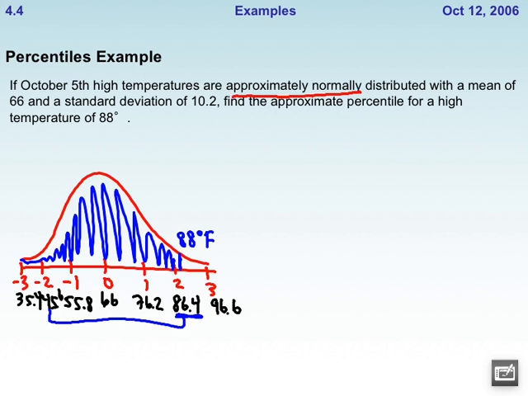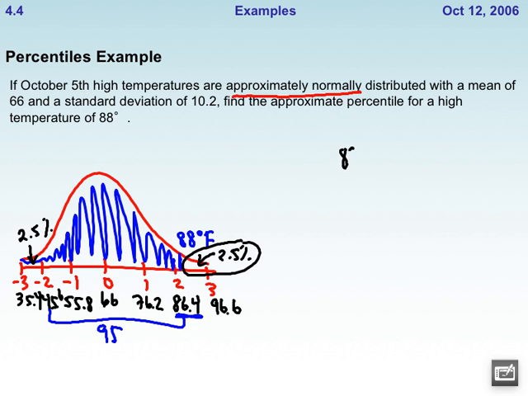What percent of the data falls within 2 standard deviations? 95. Which means 5% falls outside of that. So then this tail is 2.5%. And then this tail is 2.5%. So everything is included in this percentile except for that tail, that 2.5%.